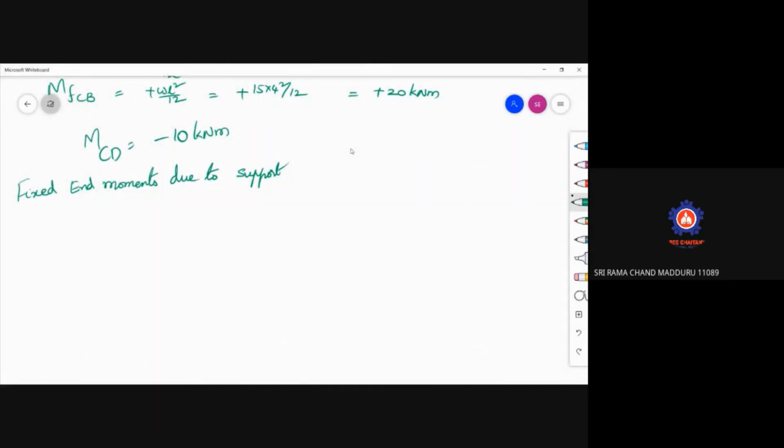Here, fixed end moments due to support settlement. So in this, the first point is we need to first of all observe which support is sinking. So support B settles by 10 mm.